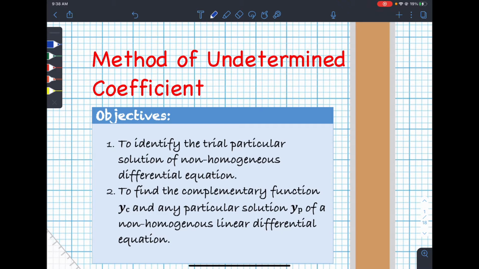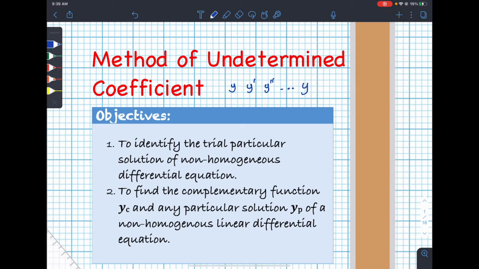So remember, a homogeneous equation involves only the dependent variable, let's say y, and its derivatives.